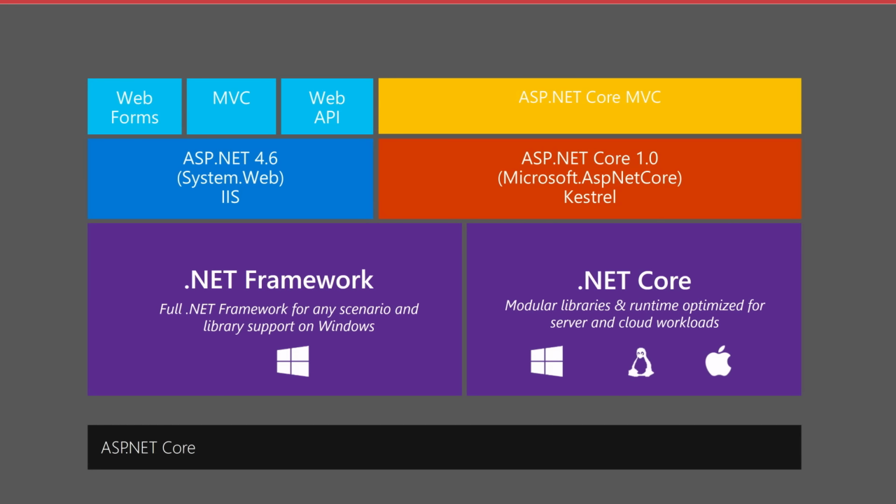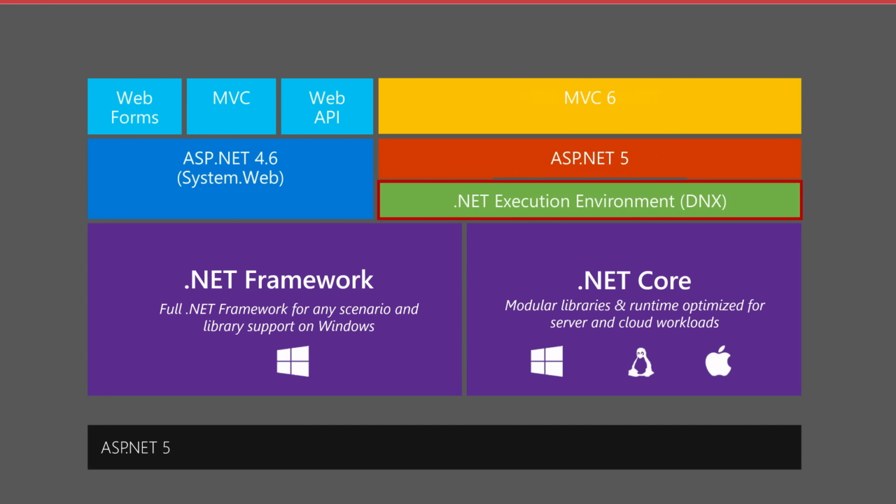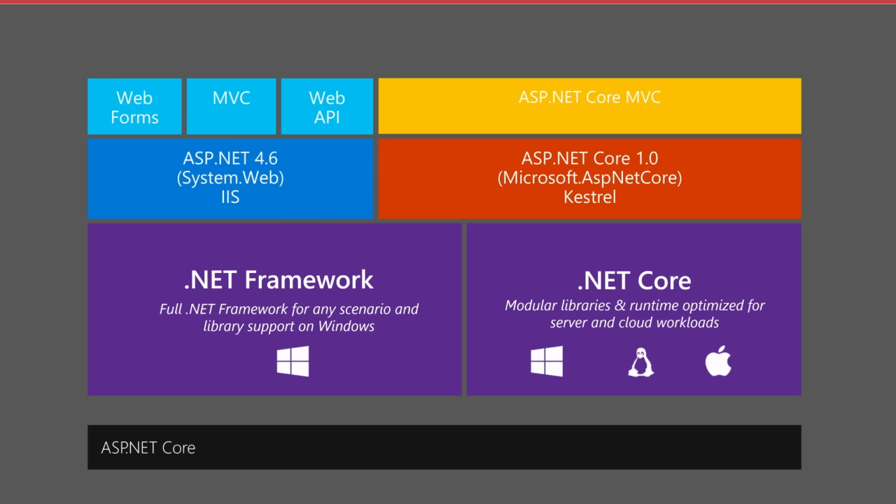Let me take you a step back. You see, DNX is gone. Everything is now .NET, and not much has changed in terms of how things work. It's just a few commands here and there. Now, one important bit here is, you see I have IIS. That's classic ASP.NET 4.6, and this is ASP.NET Core. It runs on a different web server.